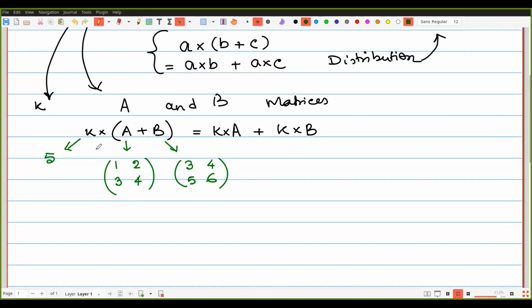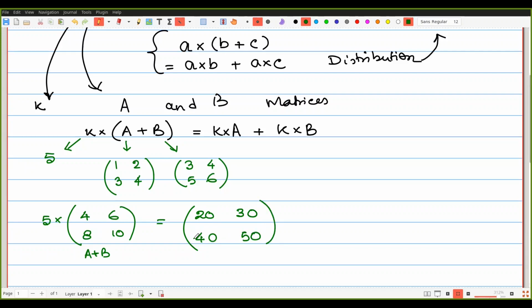The left hand side is 5 into (1, 2, 3, 4 plus 3, 4, 5, 6). At first we just add these, so A plus B is 4, 6, 8, 10. Multiplying by 5, we get 20, 30, 40, 50. That is our left hand side, k into A plus B.